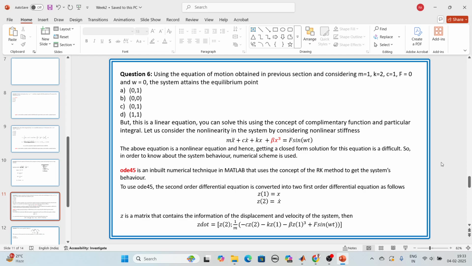So, ODE45 is nothing but a numerical technique. When we do not have a continuous solution of a function, we try to break it into discrete form, and when we break it into discrete form, we can use the numerical technique to find the solution.